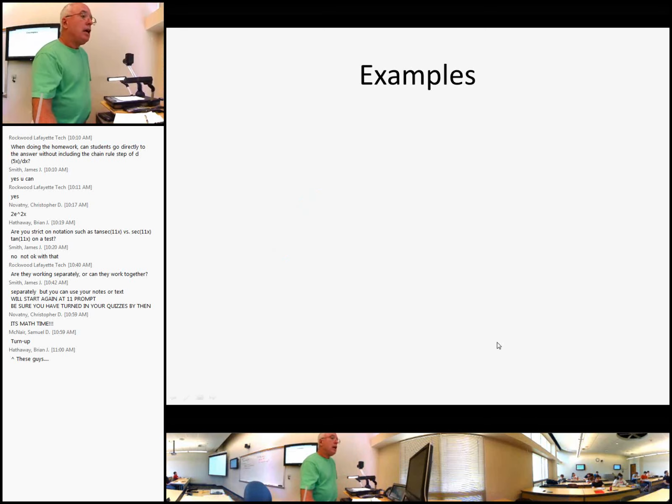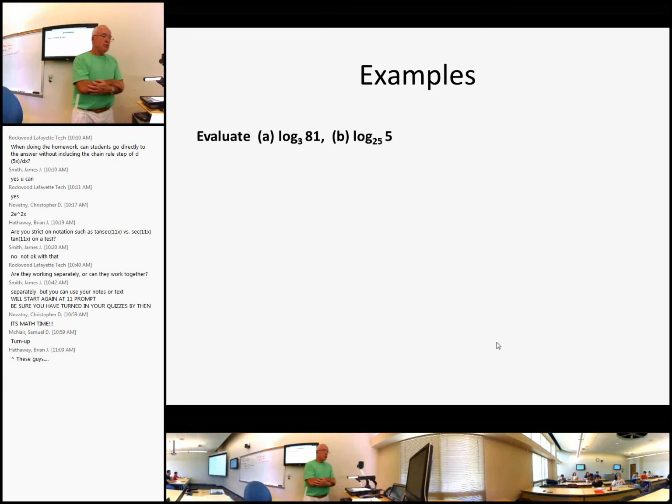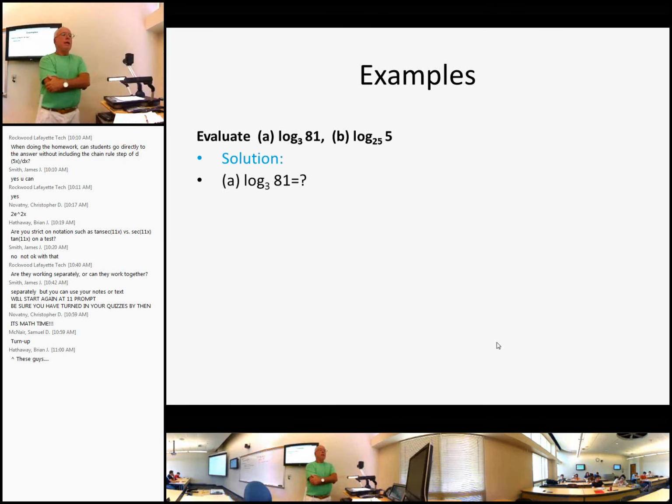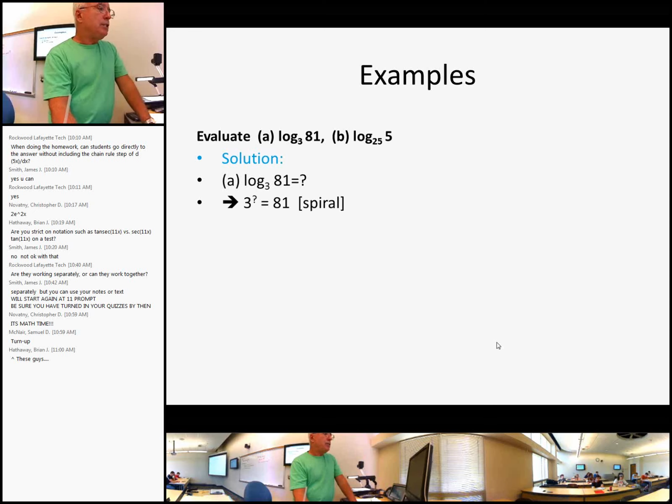Okay, so let's go through some actual number examples here. We're trying to evaluate log base 3 of 81 and log base 25 of 5. Let's start with the first one: log base 3 of 81 equals question mark. We're trying to figure out what it equals. Using the spiral, I convert that into an equation.